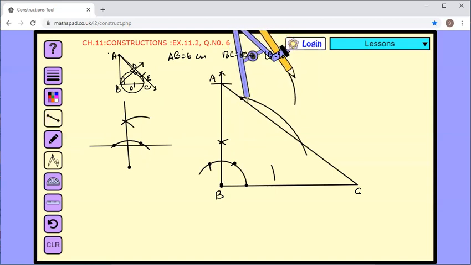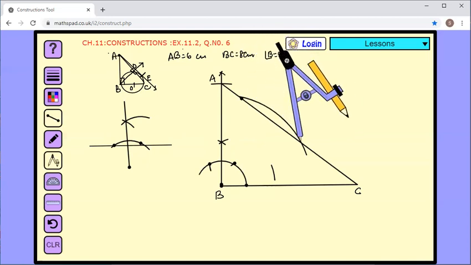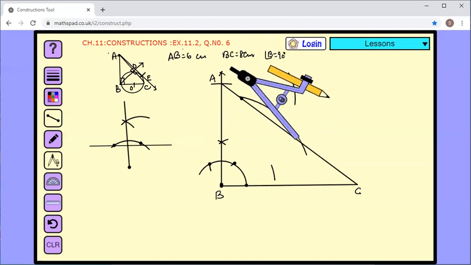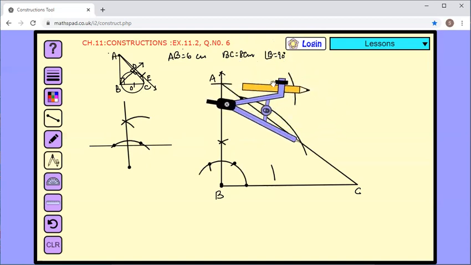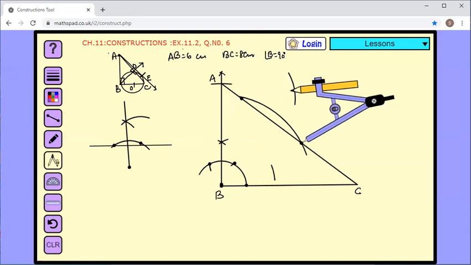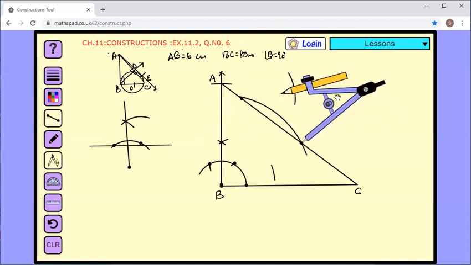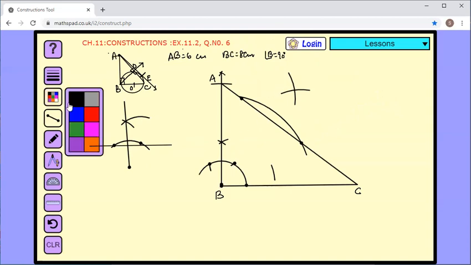And then with the same radius, you will put the compass here and draw the arc to intersect the previous arc like this. Now from B, you will join the line segment to get the perpendicular from B.